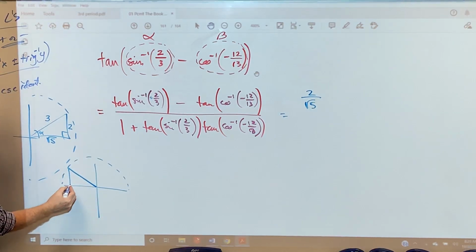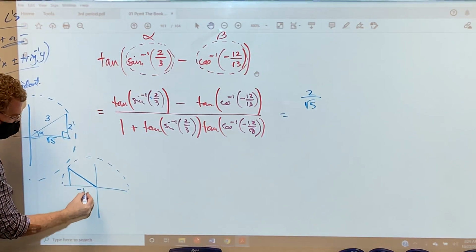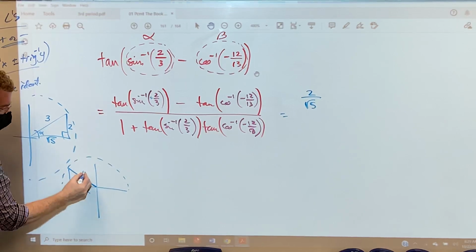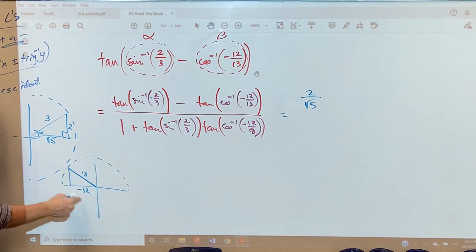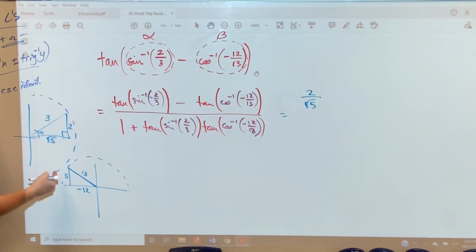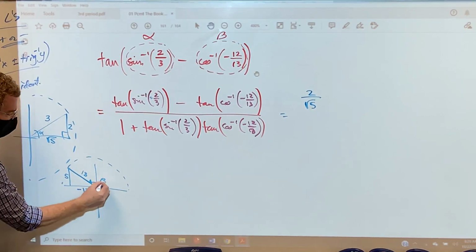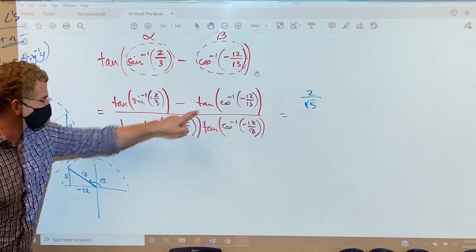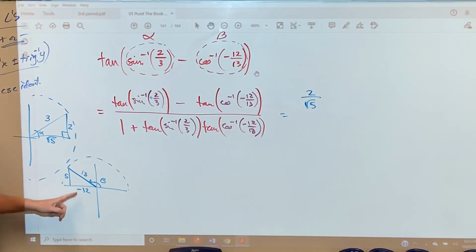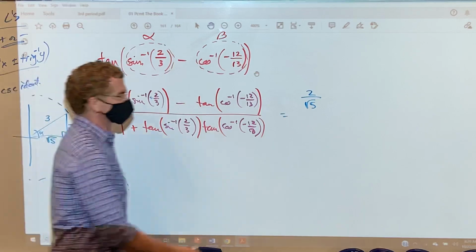Second quadrant? And then when I label that, I go adjacent over hypotenuse. And then I have a what? Isn't that 5? 5, 12, 13, Pythagorean triple. Right? And it's positive because it's going up. And it's important that you see that because I may be asking you to use one of these signs. But now that is my beta. So all I have to do now is take the tangent of that beta, which gives me negative 5/12.